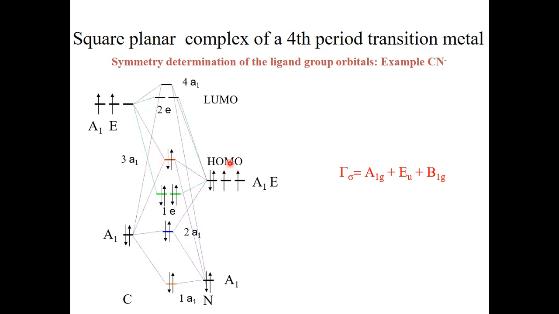Therefore, we would expect 4 ligand group orbitals, and we need to determine the symmetry type of these 4 ligand group orbitals using the orbital swapping method and the reduction formula. That will result in one ligand group orbital having A1g symmetry, 2 of them having Eu symmetry, and the last one having B1g symmetry.